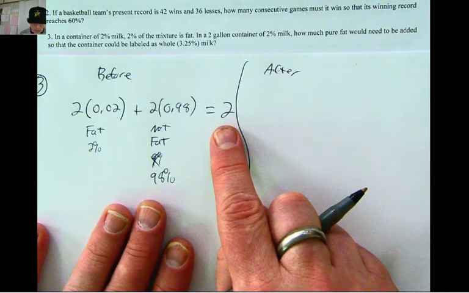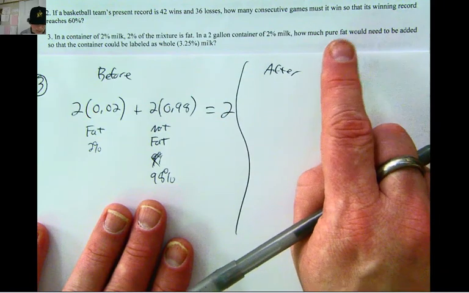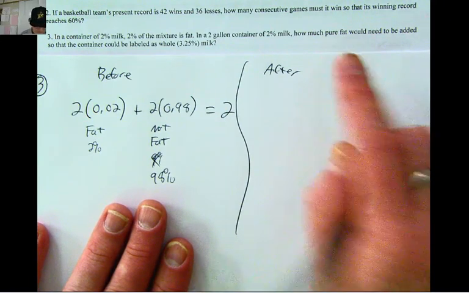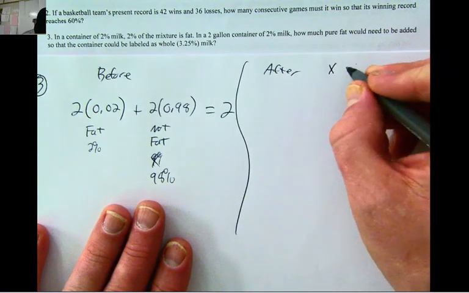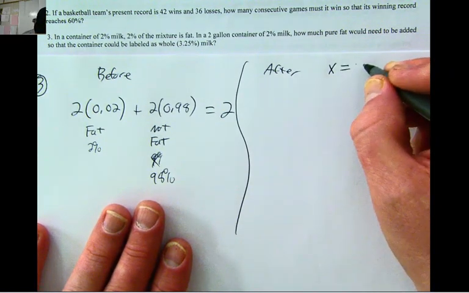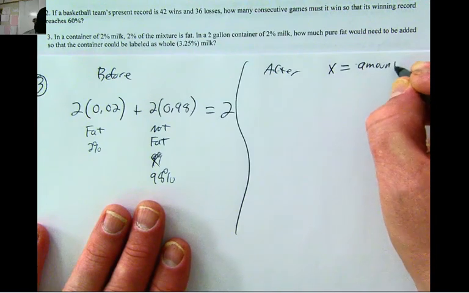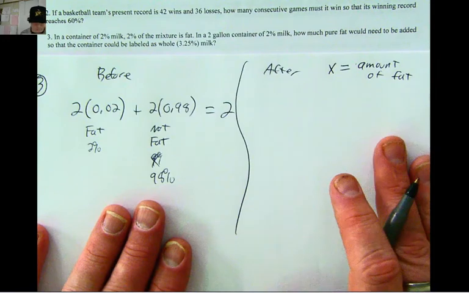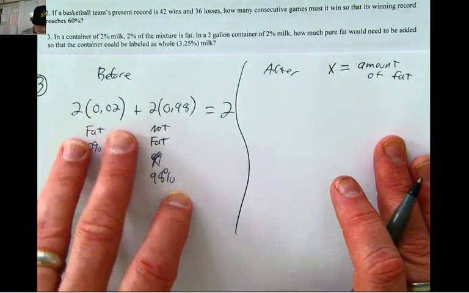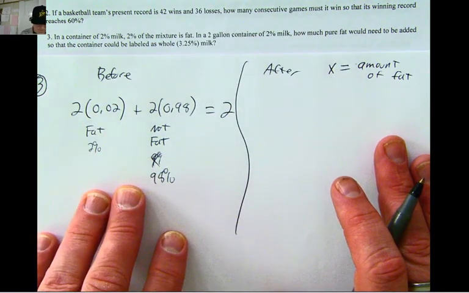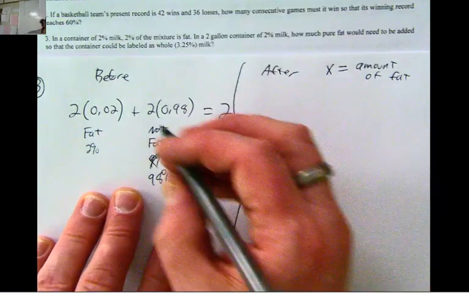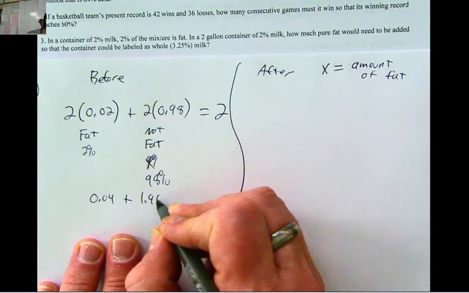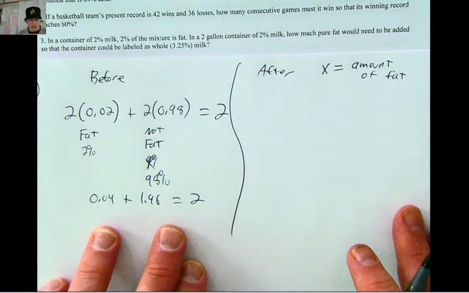Now, we are going to add some pure fat. So that's going to be x, the amount of fat. So 0.04 plus 1.96 was equal to 2.